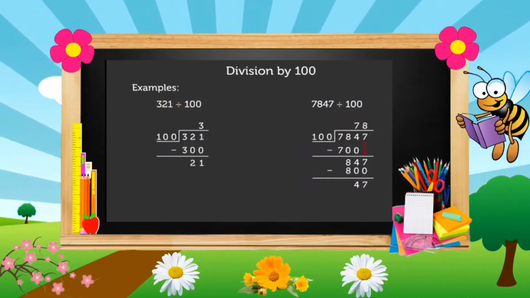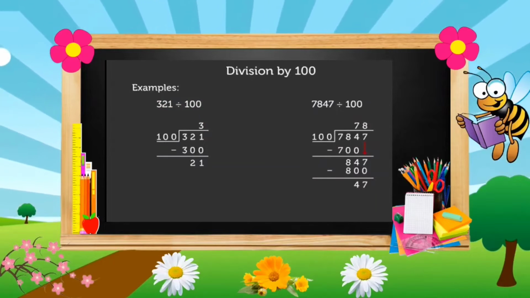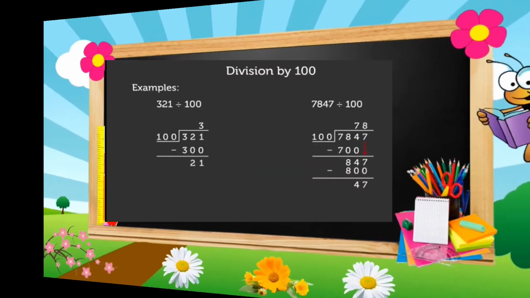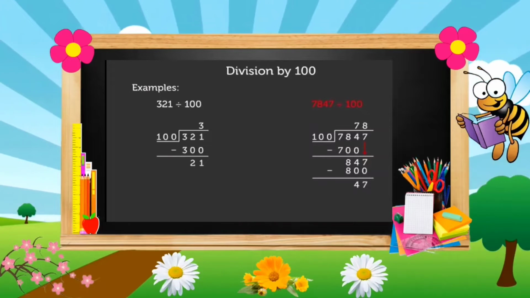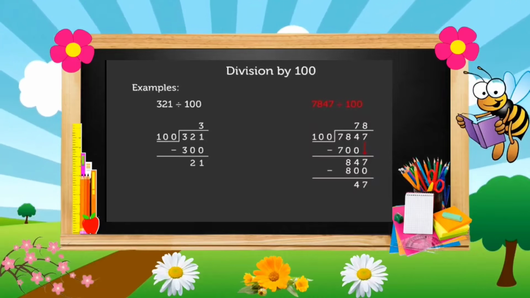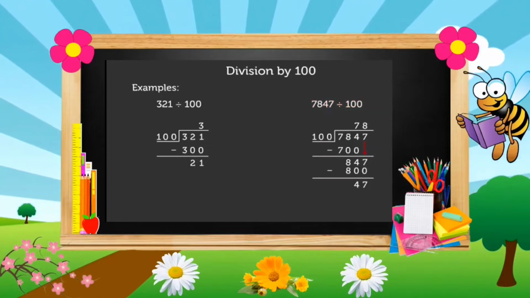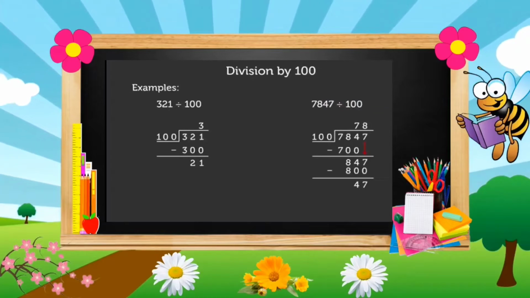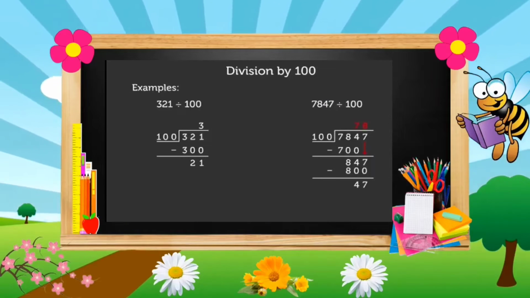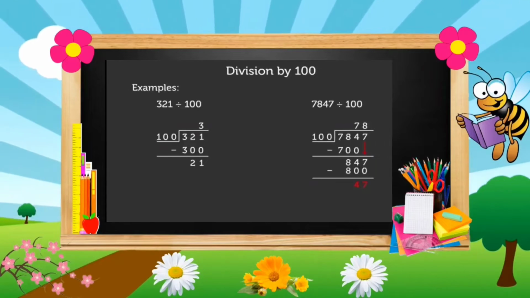Here we got the quotient as 3 and remainder as 21. Now look at the second example. 7,847 divided by 100. Here we got the quotient as 78 and remainder as 47.